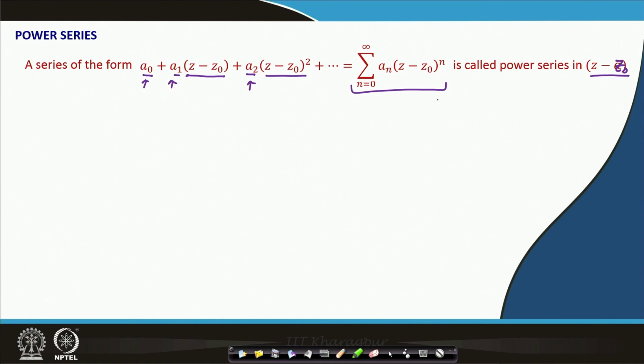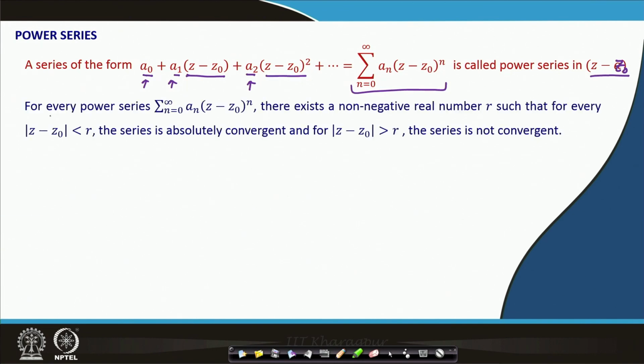So, this is a power series, and it is a known fact that for every power series there exists a non-negative real number r such that for every z in the neighborhood |z minus z0| less than r, the series is absolutely convergent, and for |z minus z0| greater than r, so outside this circle with center z0 and radius r, the series is divergent, not convergent.